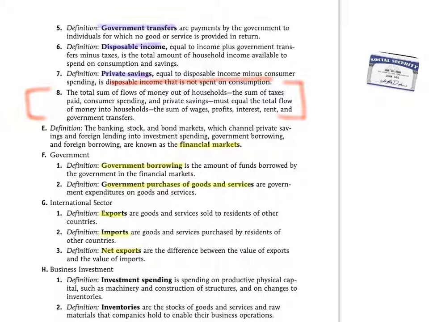That money is private savings. It's the disposable income not spent on consumption. This last part, number 8 here, is something you should pay attention to. Specifically, all of these things must equal the total flow of money. So whatever you spend, the private savings, the taxes paid should all equal the wages, the profits, interest, rent, and government transfers. And we'll see those in class later on through our formula.